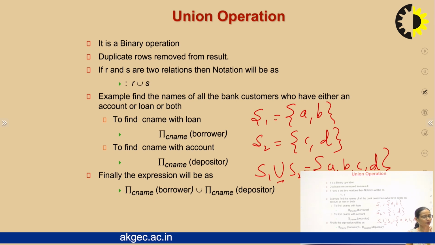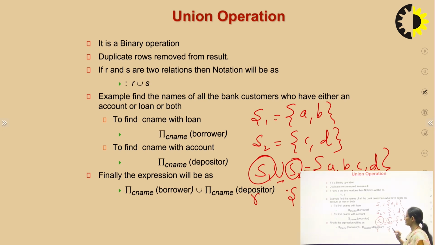Instead of sets S1 and S2, we are using two relations R and S, for example. R is producing some output, let's say R1. S is also producing some output, let's say S1.